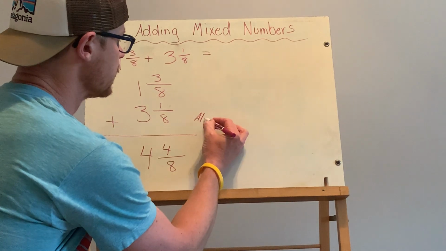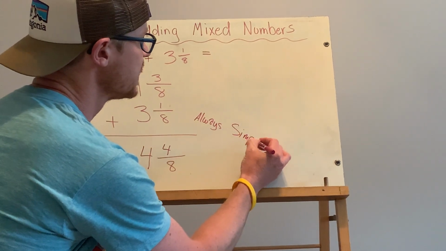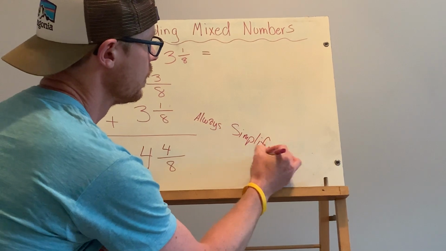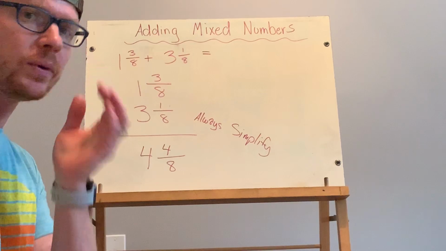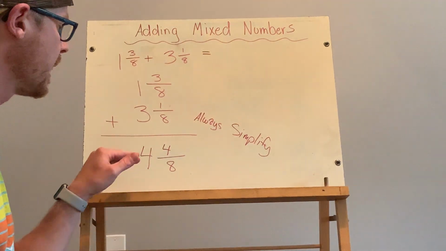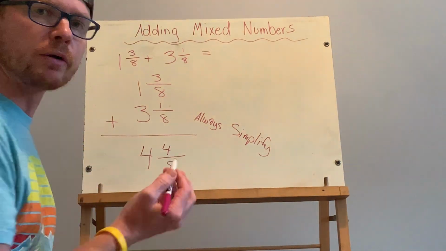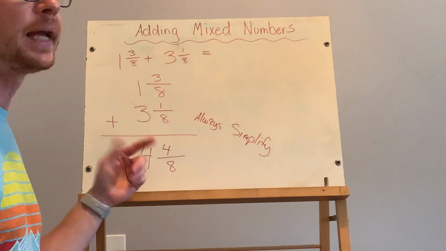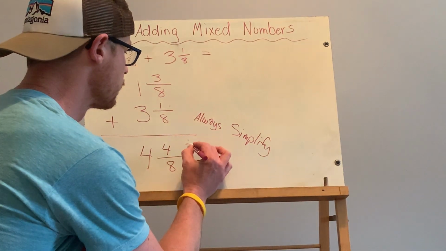Now that is our answer, but anytime we can, we always want to simplify. Think about last week. Yes, my answer is 4 and 4/8, but if we can simplify a fraction, we always simplify. I know that the fraction 4/8 can be simplified using the greatest common factor of both 4 and 8, and the largest factor of 4 and 8 is 4.